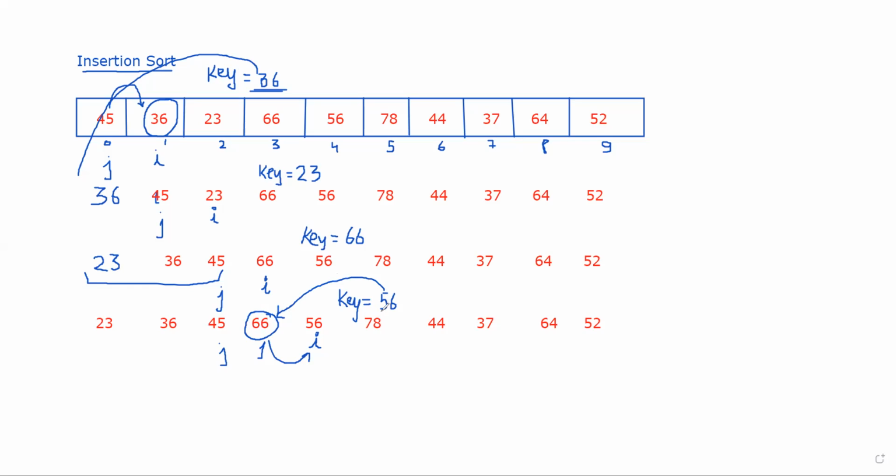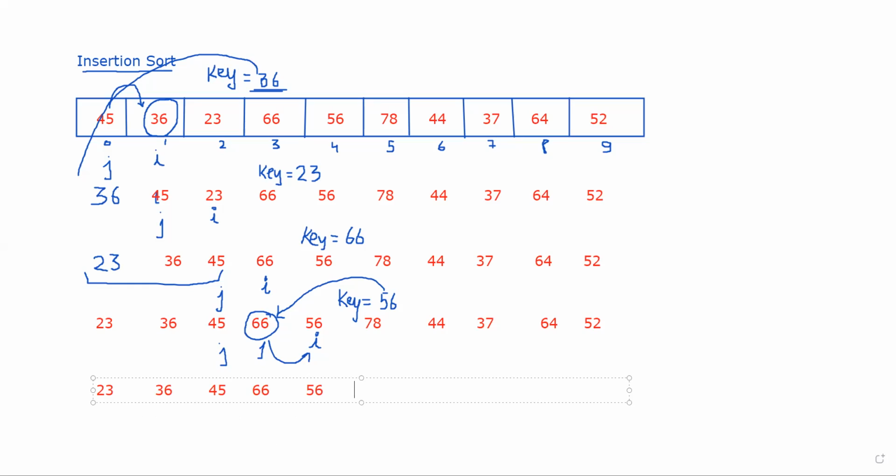I'm shifting all the values which are greater than 56 one step ahead, and then I'm inserting 56 at its correct position. So next time it will be 23, then 36, then 45, then 66, then 56.